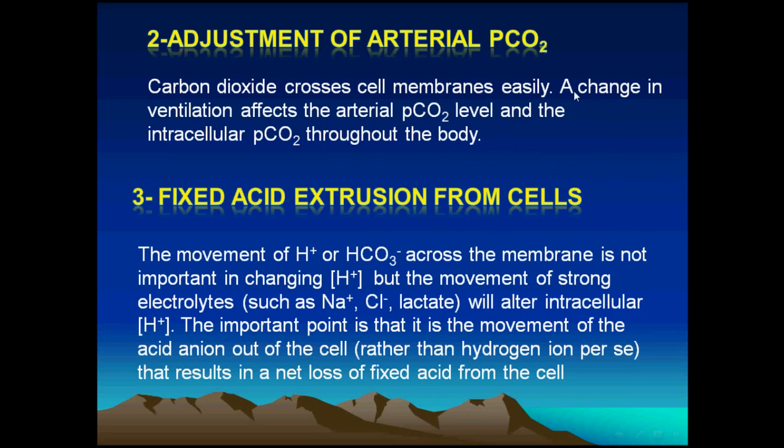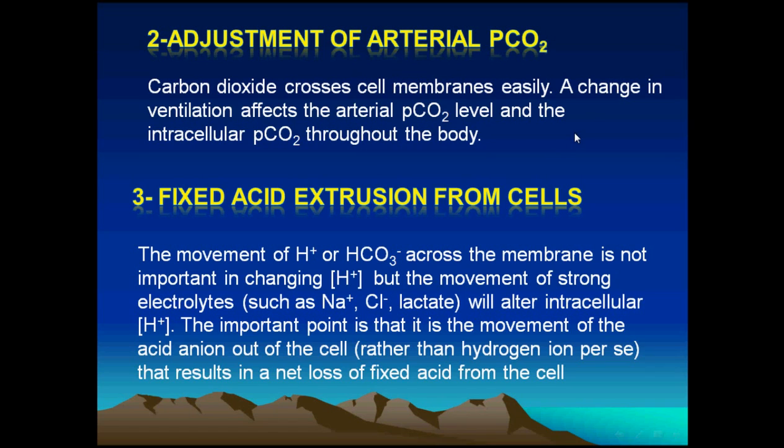Adjustment of carbon dioxide. Carbon dioxide is put in the cell as an end product of the metabolism of carbohydrate, lipid, and protein. This carbon dioxide easily passes through the membranes and goes from the cells to the blood, and in the blood it is carried as carbaminohemoglobin, or converted by carbonic anhydrase to bicarbonate, or physically dissolved.